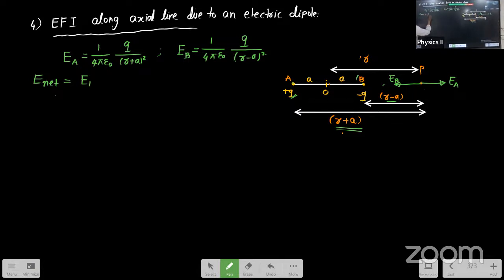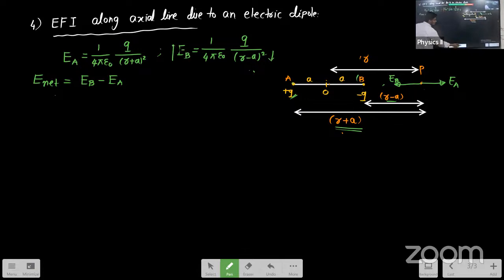EB minus EA. Sir, why not EA minus EB? Why are you writing EB minus EA, sir? See here, electric field is inversely proportional to distance. Here, is the distance increasing or decreasing? Here the distance is decreasing. As the distance decreases, what will happen to the electric field?